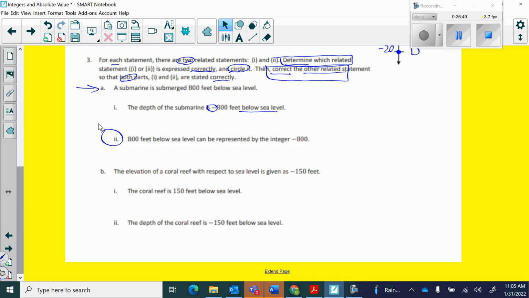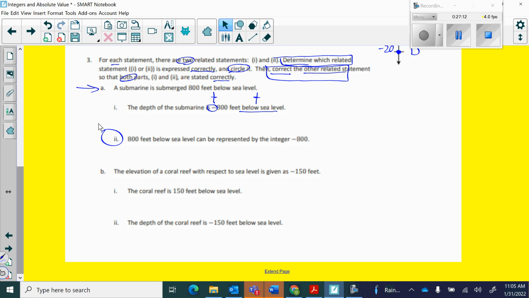That's a double negative, guys. You can't have a double negative. If you have a double negative, because this represents negative and this represents negative, they cancel each other out and they become positive. So in reality, that statement is now saying that the depth of the submarine is 800 feet above sea level. You can't do that.